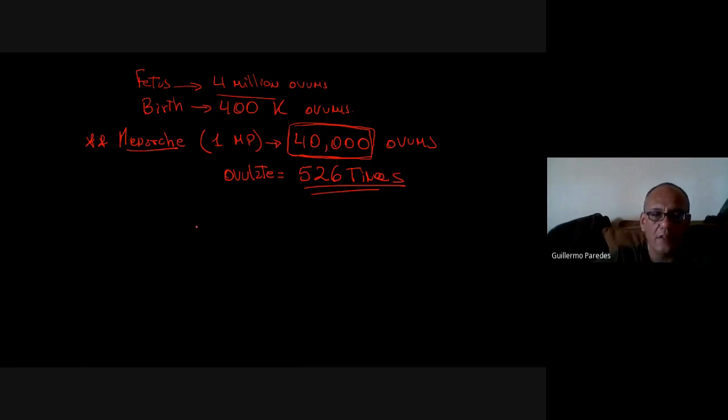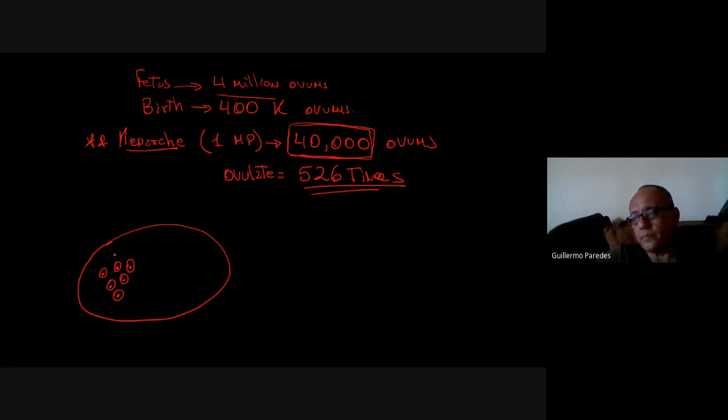So how can we explain what happened with the rest? That is what I'm going to explain now. Look at this. Here we have the ovary, and in the ovary, these young ovules are going to be here. Can you see the cells? This is the cell and this is the nucleus. The ovum is a cell, and cells have a nucleus.